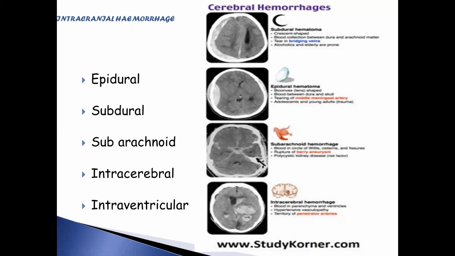This is commonly due to a tear in the bridging veins. Who is more prone to subdural hematoma? Alcoholics and the elderly.